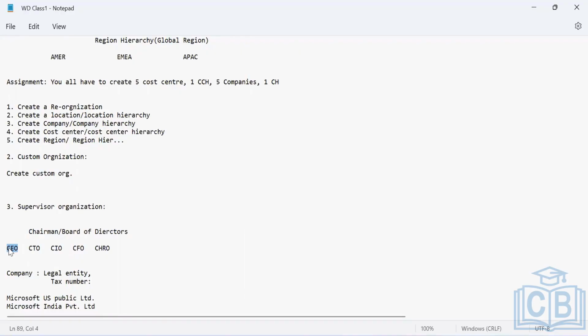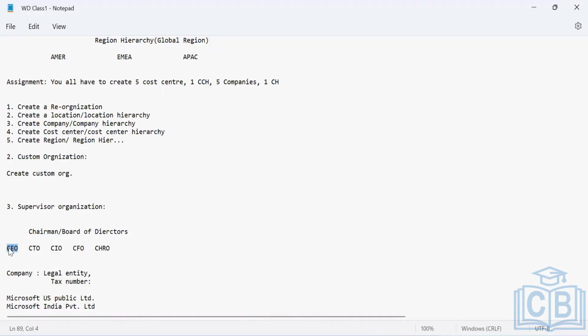Now, she is managing a person. How will she manage a person? She will have a supervisory organization and all the controllers in the supervisory organization only. When I mark the attendance, that attendance report will go to Josephine, and I'll have to do it through my time tracking application, which is linked to my supervisory organization.